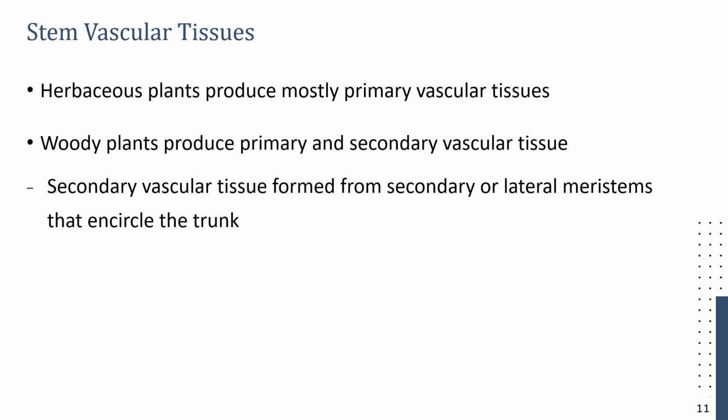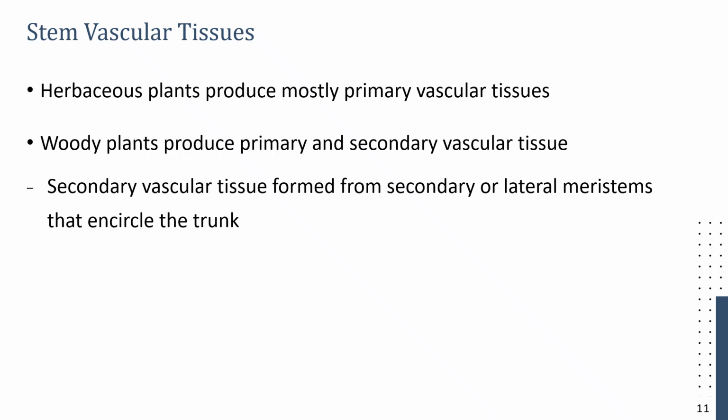So throughout our plant, we've got our vascular tissue moving, and we've got two different types of vascular tissue depending on basically the overall structure of our plant. So we have the primary vascular tissue that we just talked about, made up of those tracheids and vessels and sieve tubes.